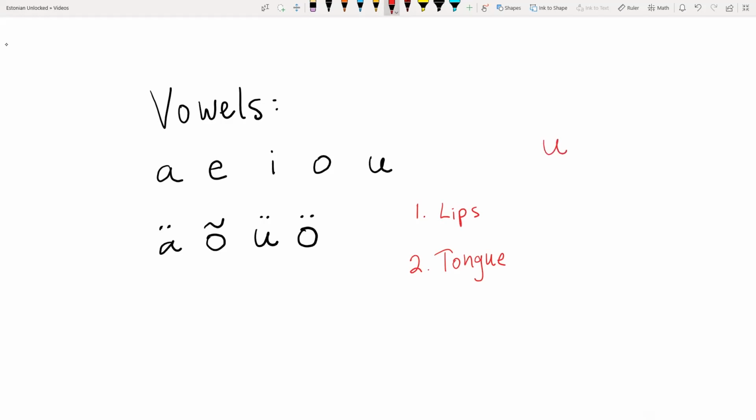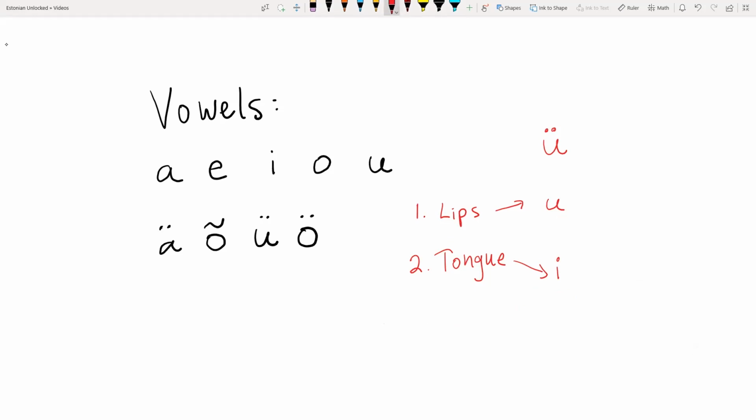First, for U, our lips are saying oo. So that's that letter, oo. Our tongue is saying e. So that's this letter here, e. Now, practice a couple of times saying these two letters and think about what your lips and tongue are doing when you say them.